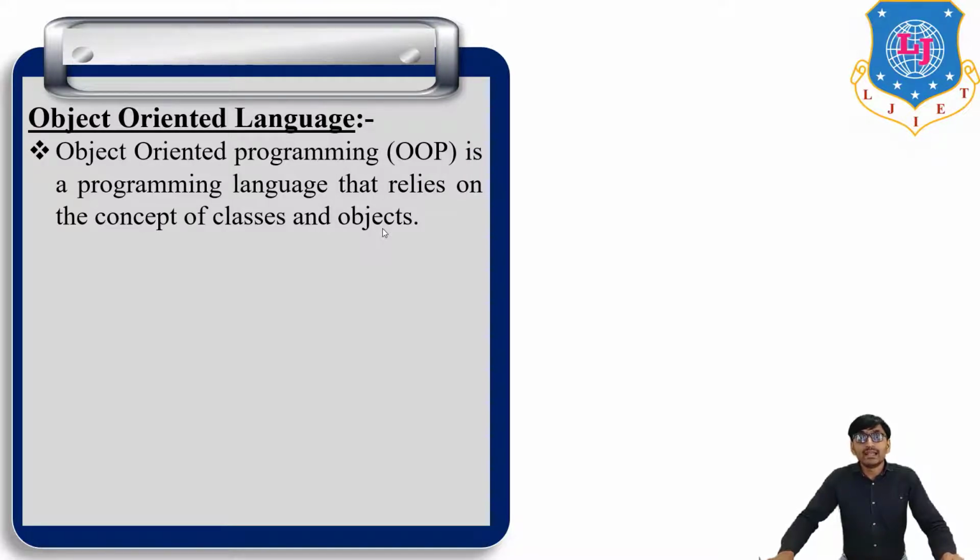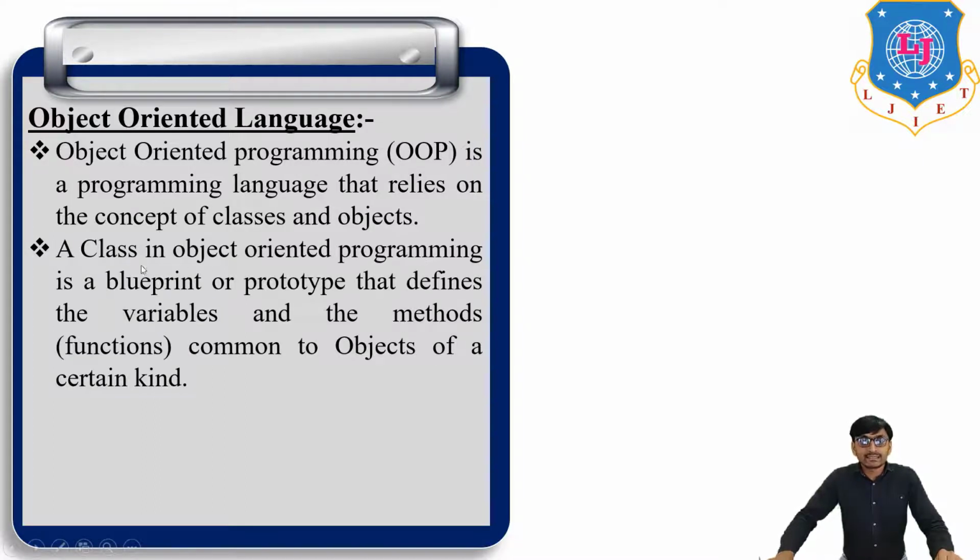Class means it is a blueprint of an object. For example, there is one blank railway form. So this is a class, the blank railway form. And if we put some information on that form, then an object is created. So by using the same class, we create different objects.